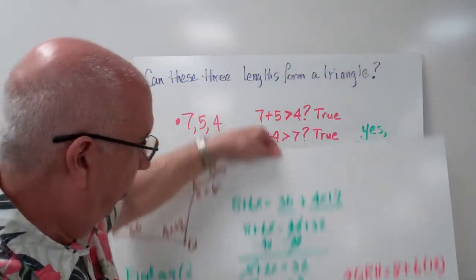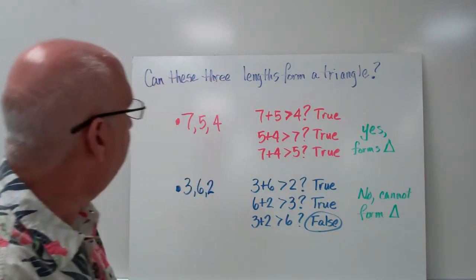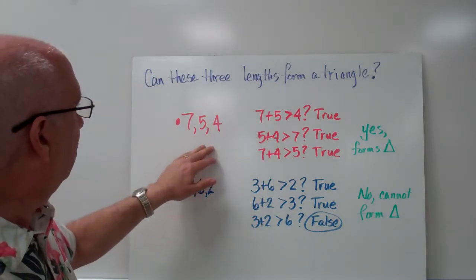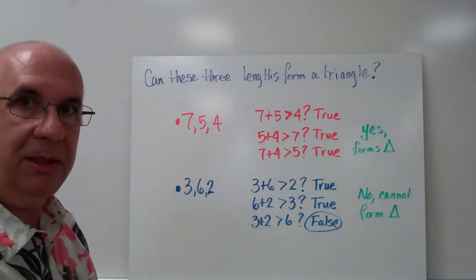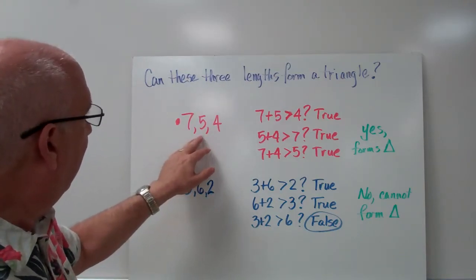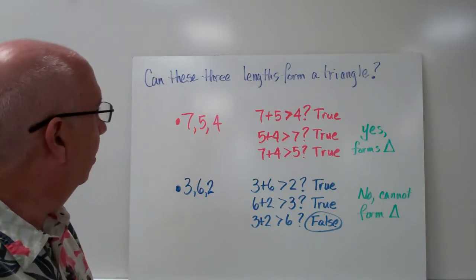The next thing we need to review is the hinge theorem. We learned this earlier. The question is, can these three lengths form a triangle? If I've got three lengths, three possible legs of a triangle of 7, 5, and 4, can it form a triangle? And here's how you determine.